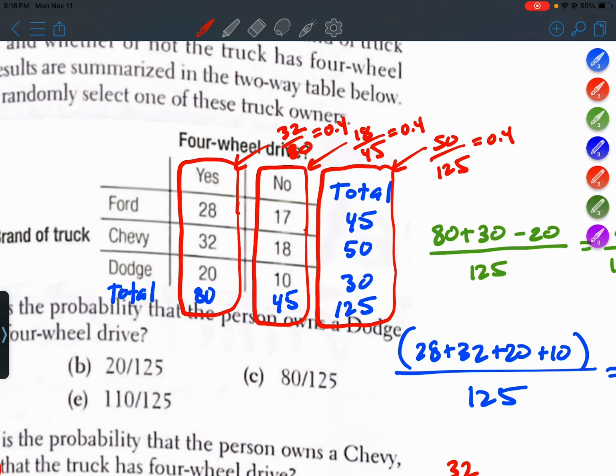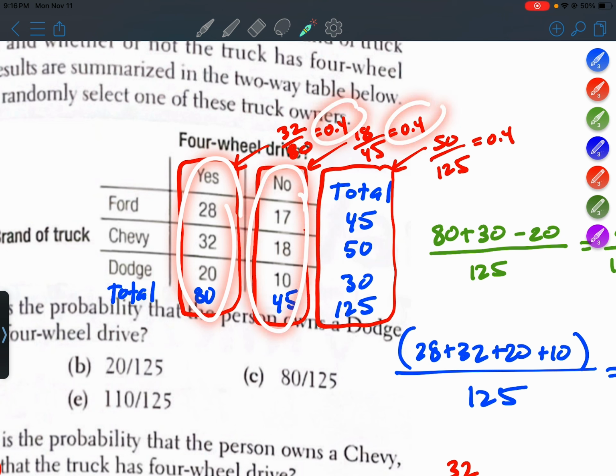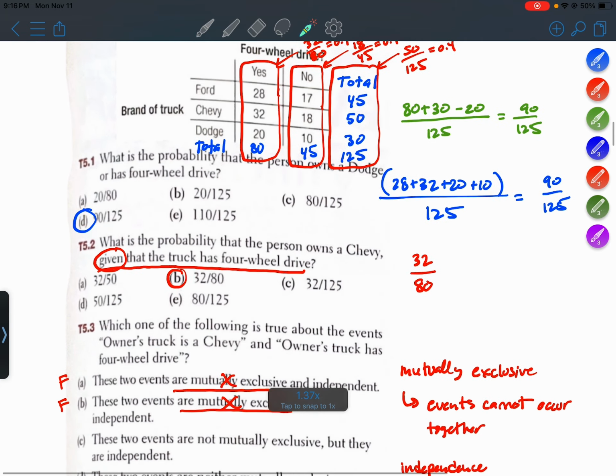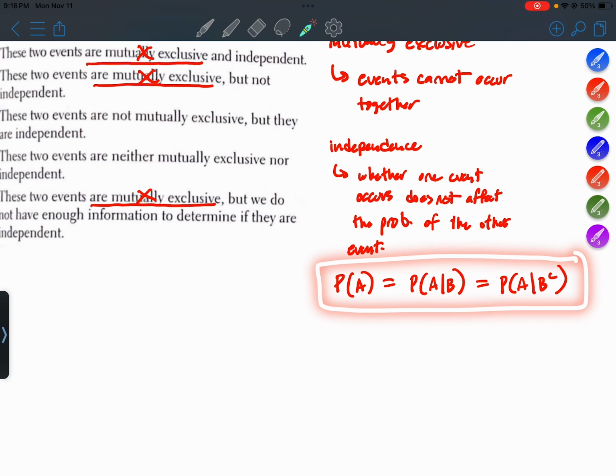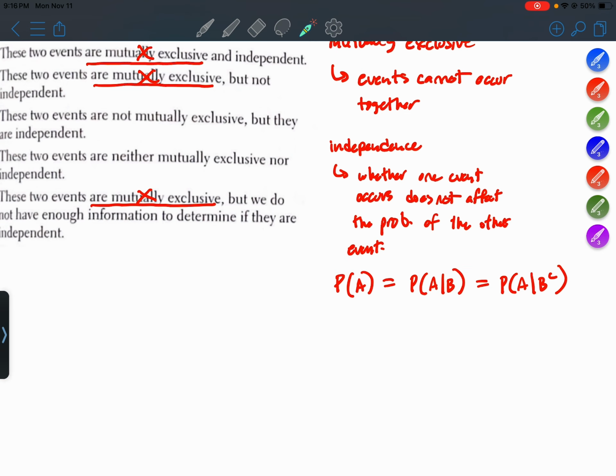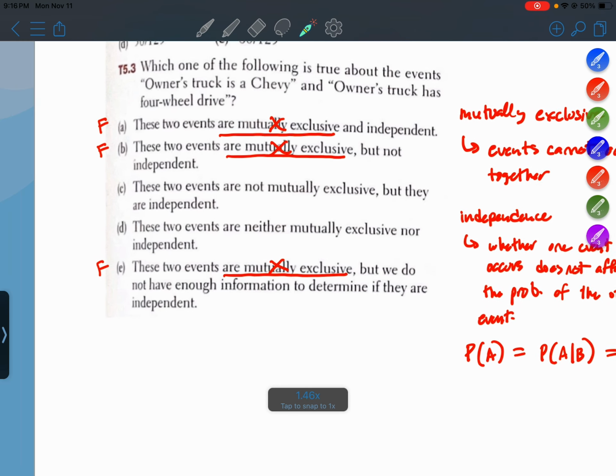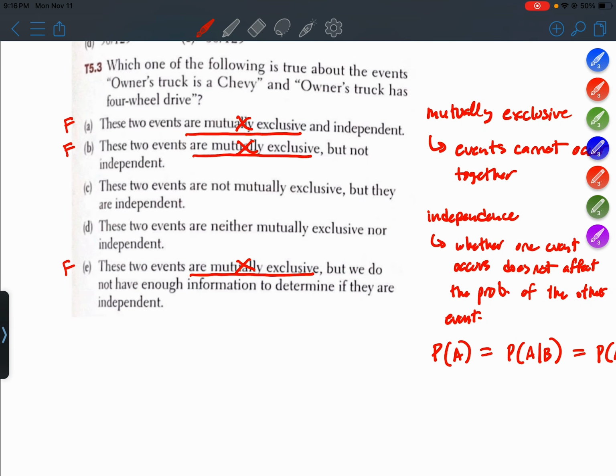So it doesn't matter whether the truck is four-wheel drive or not, the chance of picking a Chevy owner is always 40%. We've just demonstrated that the probabilities are all the same, which means that we have independent events. So the answer should be C.